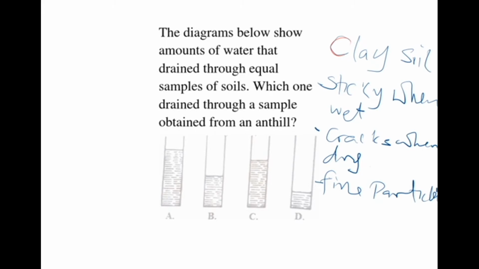Why? When you look at the drainage, clay soil has the lowest drainage, meaning that it allows very little amount of water to pass through it. It retains most of the water.